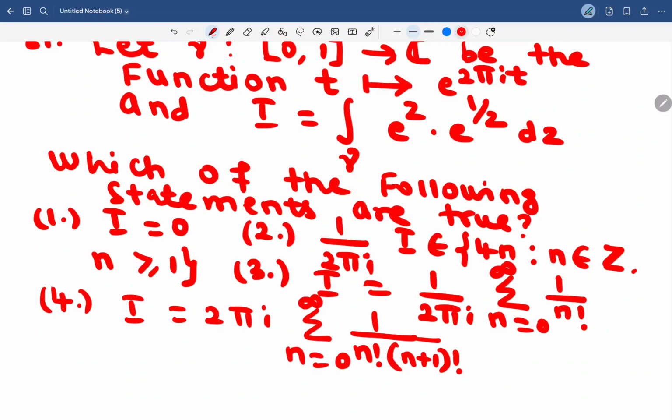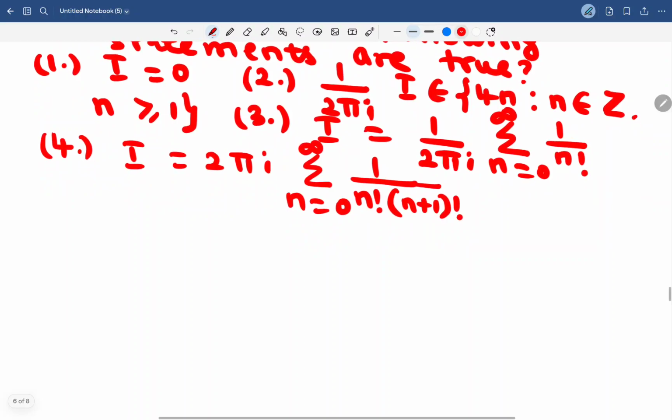Second, 1 by 2 pi i belongs to the set of all 4n such that n belongs to Z, n greater than or equal to 1. Option 3, 1 by 2 pi i summation n equal to 0 to infinity 1 by n factorial. Last option, I equal to 2 pi i summation n equal to 0 to infinity 1 by n factorial into n plus 1 factorial. Solution.